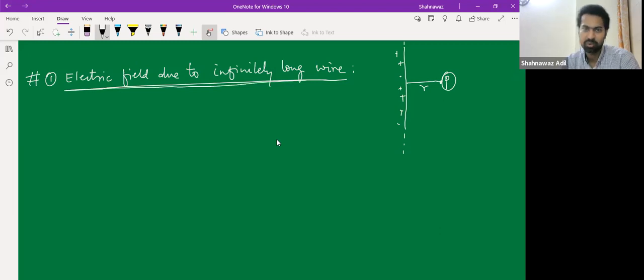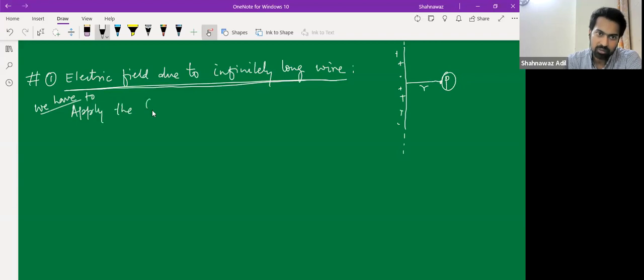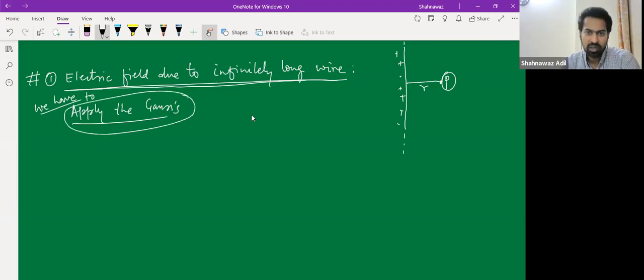Yes, sir. Yeah. So we need to calculate the electric field due to this infinitely long wire. The idea is that we have to apply the Gauss law. Right. And what do we know about this Gauss law? We know that flux in the enclosed surface is how much?